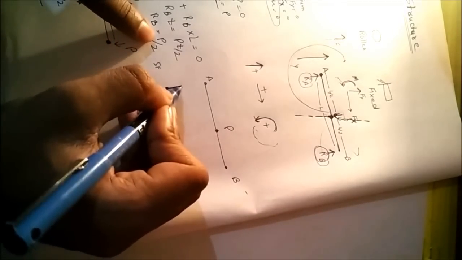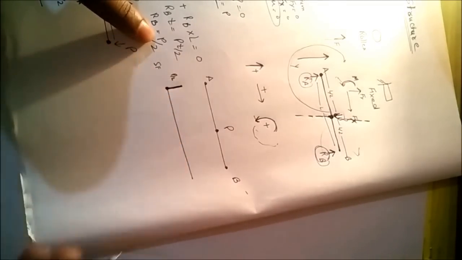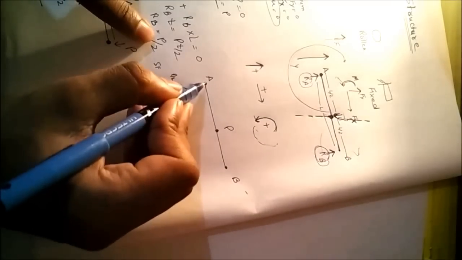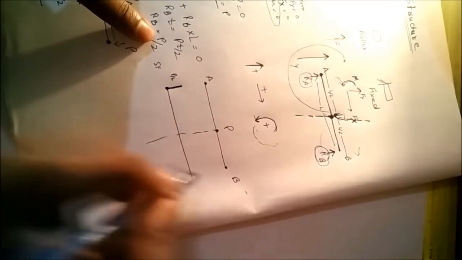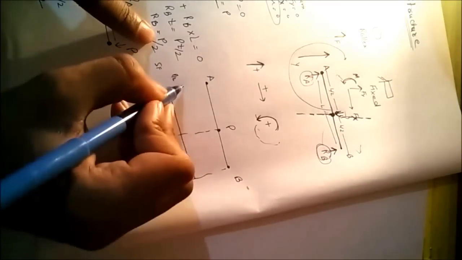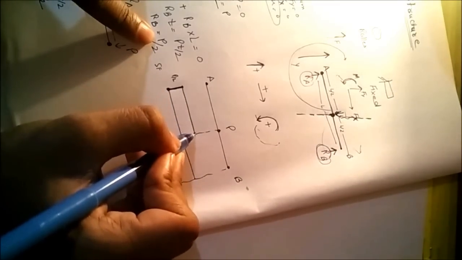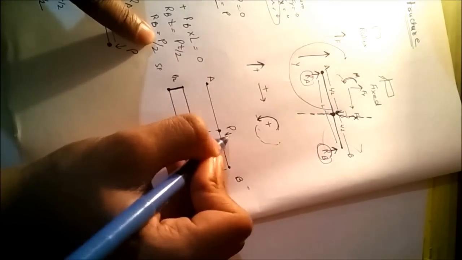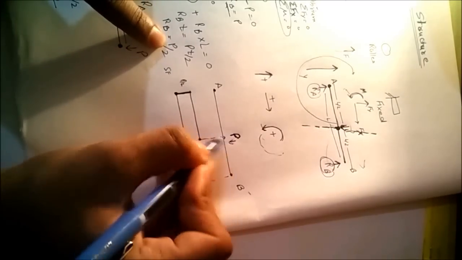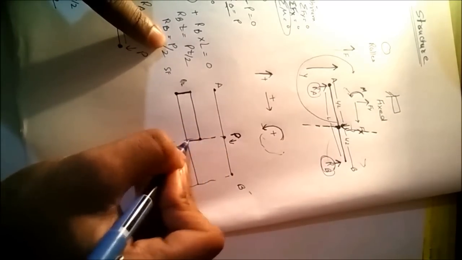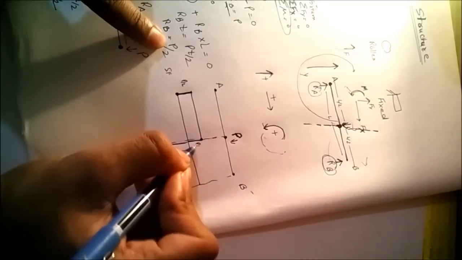Now there is no force till P, so it will be the same, but at P in the negative direction we have the P shear force, so P by 2 minus P, which is negative P by 2.